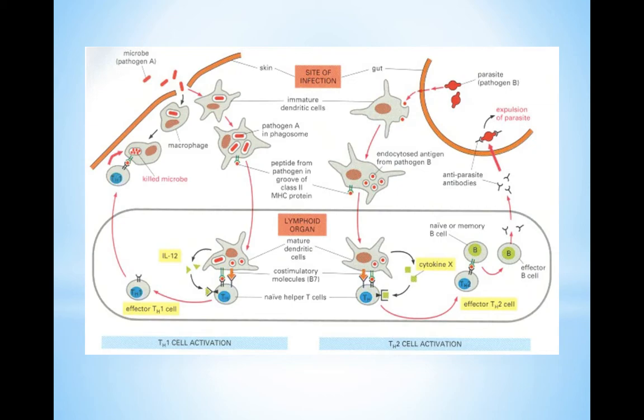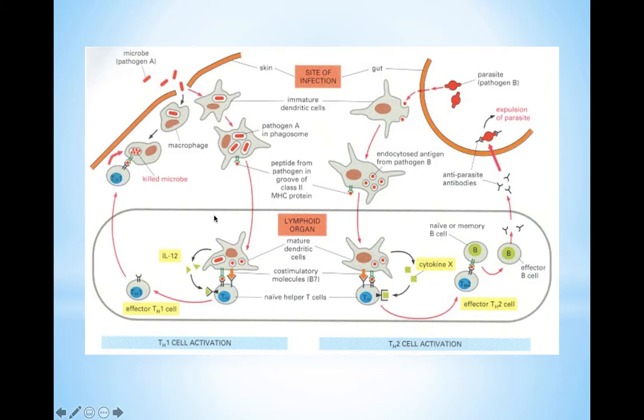The differentiation of our helper T cells into effector types Th1 or Th2 will determine the nature of the corresponding adaptive immune responses that these effector cells can carry out or activate. Whether a naive helper T cell becomes a Th1 or a Th2 will depend mainly on the cytokines present when the helper T cell is activated by a mature dendritic cell.